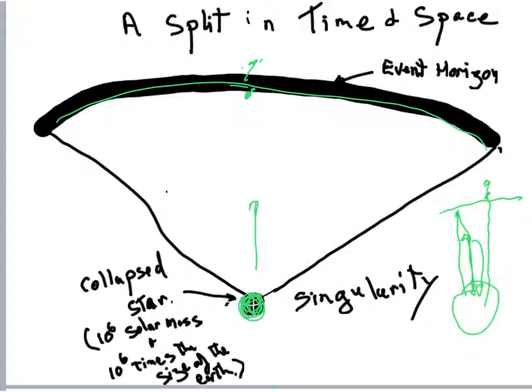The other important part of a black hole is right in the middle of that object, where gravity is the strongest. It's called the singularity. And that is a very, very tiny point in space and time. Now don't forget that this star has collapsed. It is about 1 billion times, or in this case 1 million times, solar mass. But it's also 1 million times the size of the Earth. So what I think happens is that it splits both space and time.